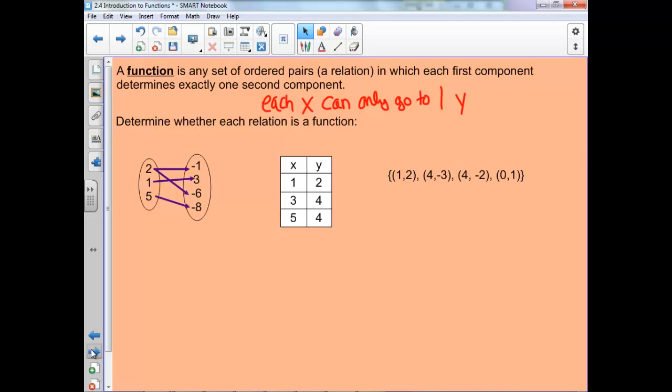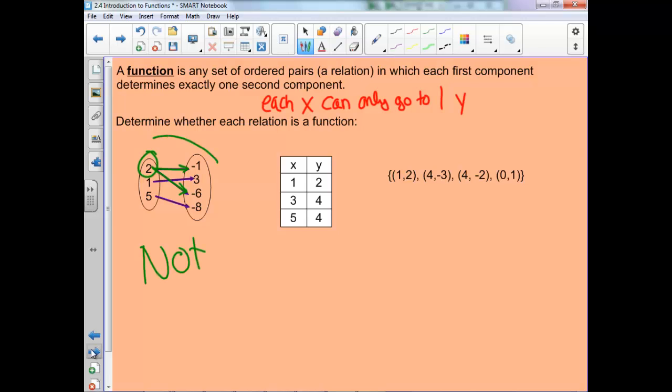So we're going to just go through each of these and determine whether it's a function or not. So this first one, notice that this x value, this 2, is going to two different values. So this is not a function because of this 2 right here. It's going to two y values.